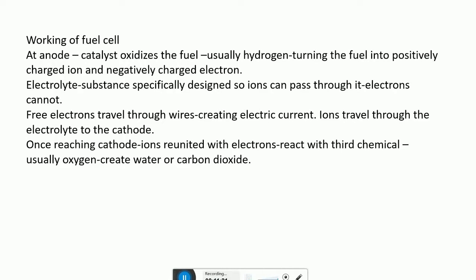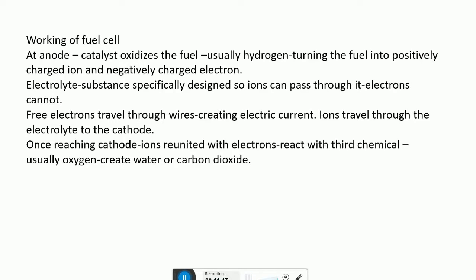So in short, this is the working of a fuel cell. At the anode, a catalyst oxidizes the fuel, usually hydrogen, turning the fuel into a positively charged ion and negatively charged electrons. The electrolyte is a substance specifically designed so ions can pass through it.